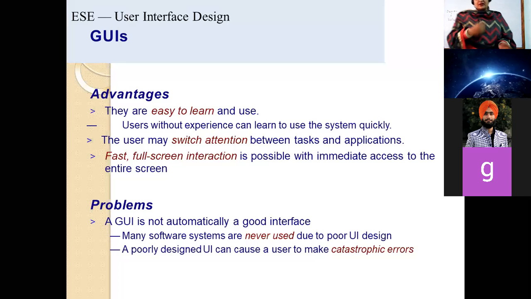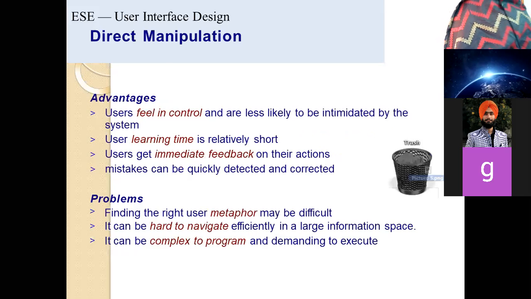So a poorly designed UI can result in damage to the software just because the user is not aware of those things. That is the meaning of catastrophic errors here, a sudden damage to a particular software.